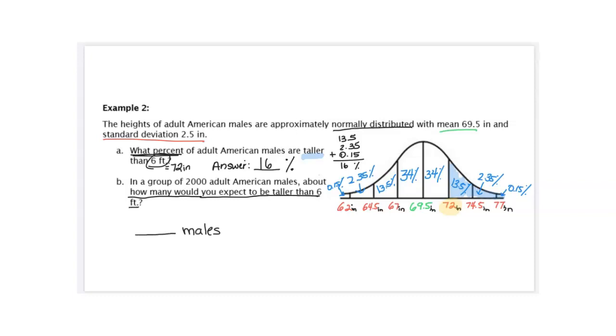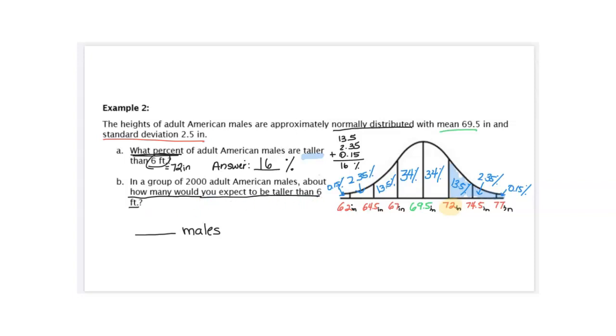So we're looking to provide some number of males to answer this question. So blank males. So as we're thinking about the things that we've learned so far, we've been looking for percents. What percent of American males are taller than 6 feet for part A? This time we're looking to say, well, if this was a group of 2,000 adult American males, then about how many of them would we expect to be taller than 6 feet?